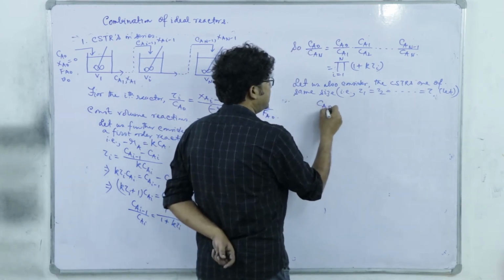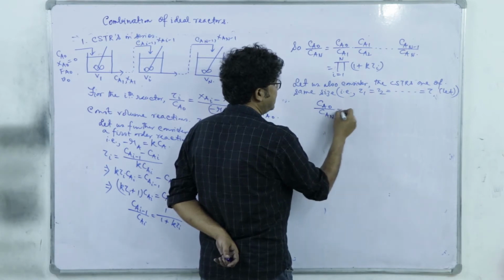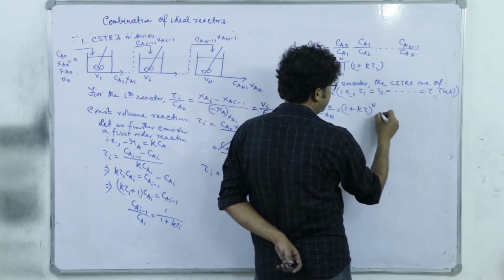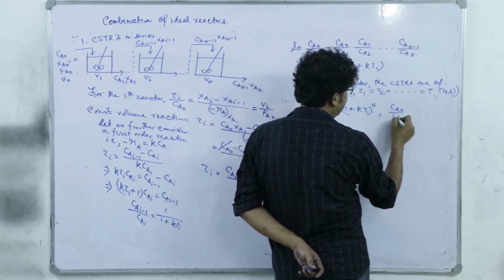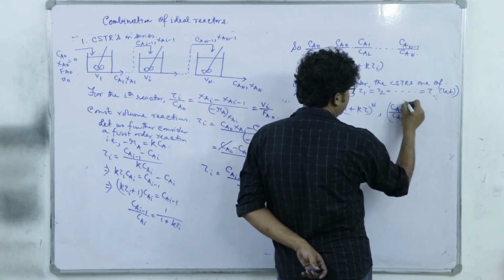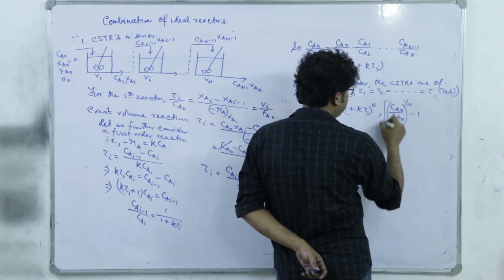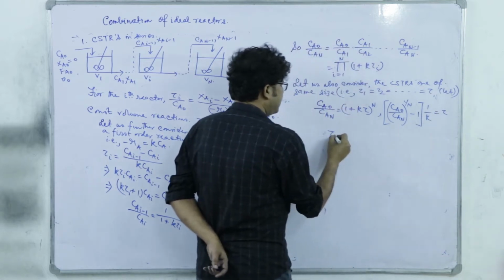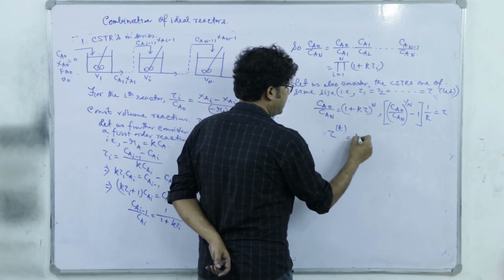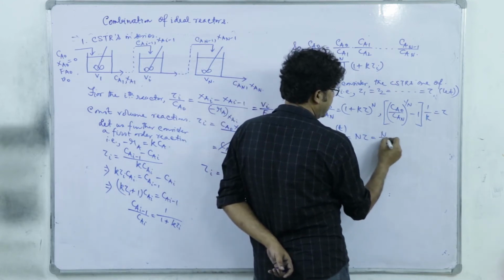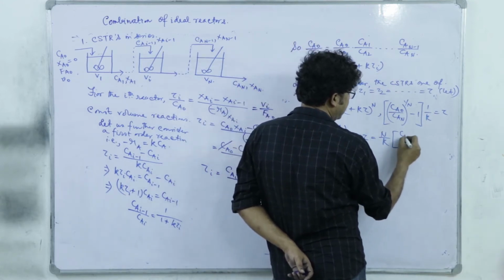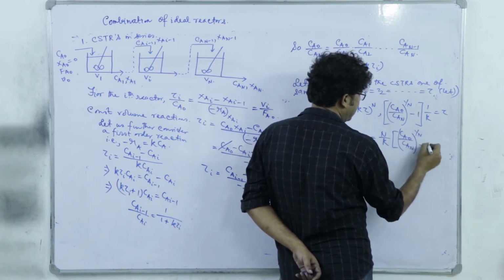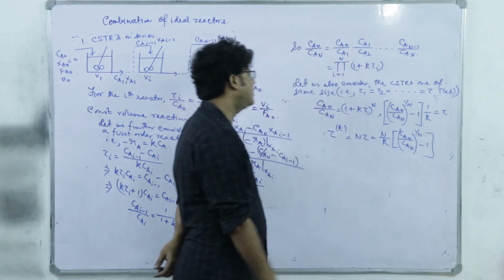So Ca naught by Can is equal to (1 plus k tau) to the power n. So (Ca naught by Can) to the power 1 by n minus 1, into 1 by k, is equal to tau. So the total space time, n into tau, is n by k into ((Ca naught by Can) to the power 1 by n minus 1), right?